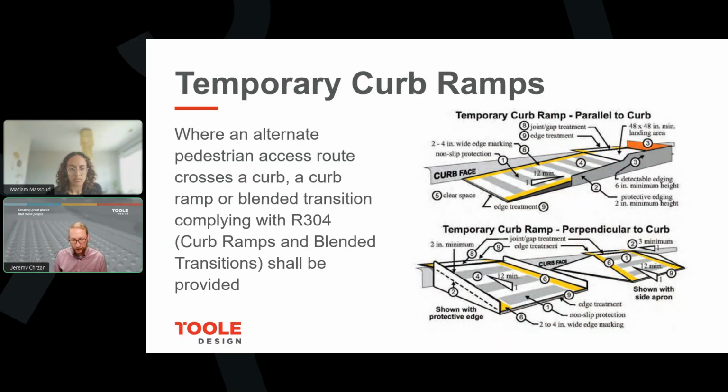Now, if that was occurring at an intersection or where you are encouraging a crossing to occur, then those locations would also need to have the detectable warning surface to communicate that you are interfacing with the vehicular space.